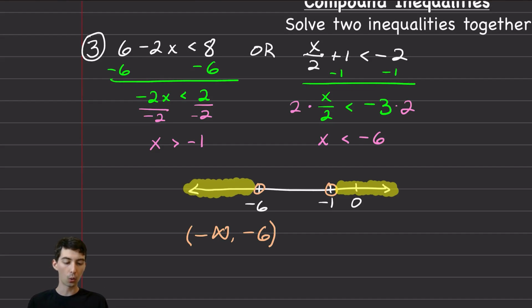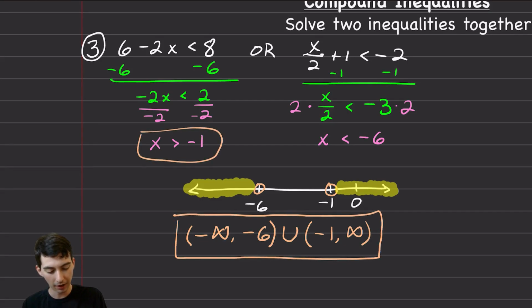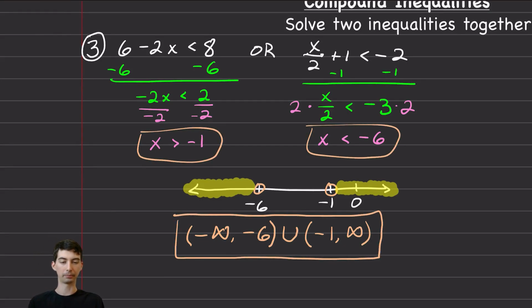Now, the way to write "or" in interval notation is just to have this big U like this. And now I can do my other half, which is negative 1 in parentheses, since it's an open circle, and then we go up to infinity like that. So that would be how I write this in interval notation. So I have my inequalities and interval.